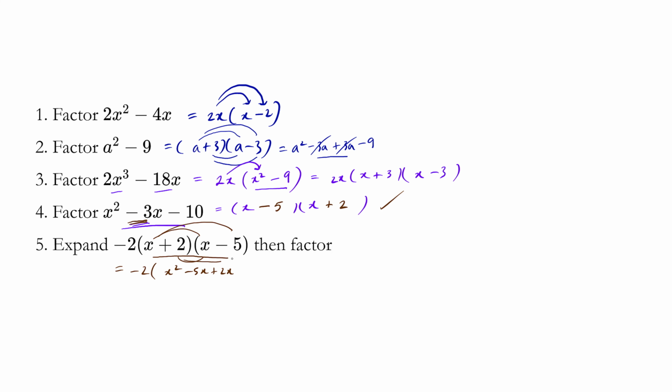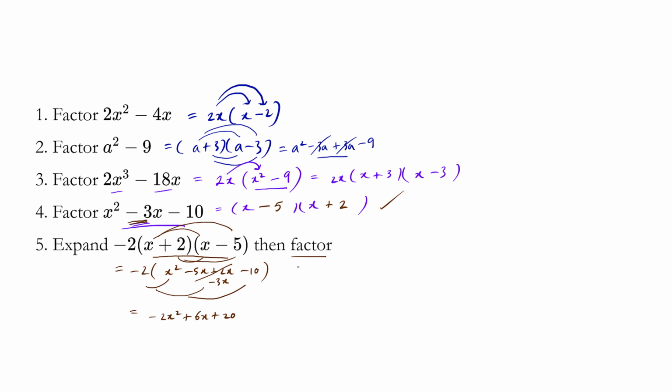And last, 2 times negative 5 is negative 10. In the future, it's good to be able to do this in your head. Negative 5 plus 2 is negative 3x. Let's feed the dog, let's feed the cat, and let's feed the bird. So we have negative 2x squared plus 6x plus 20.